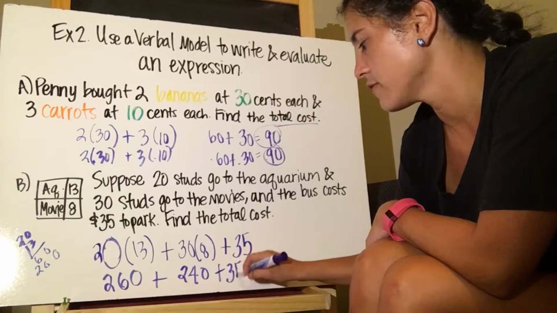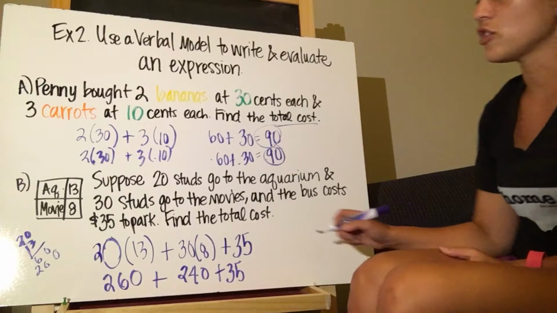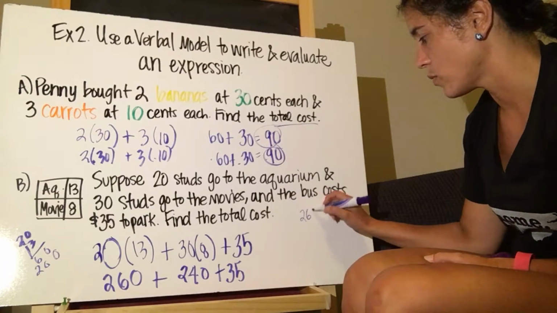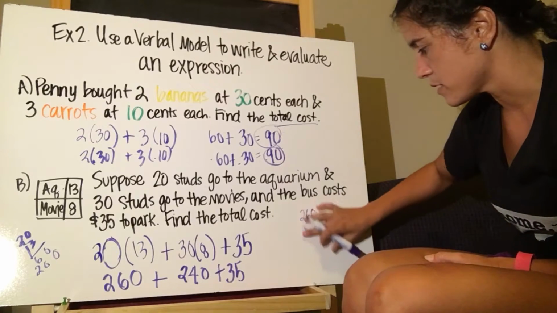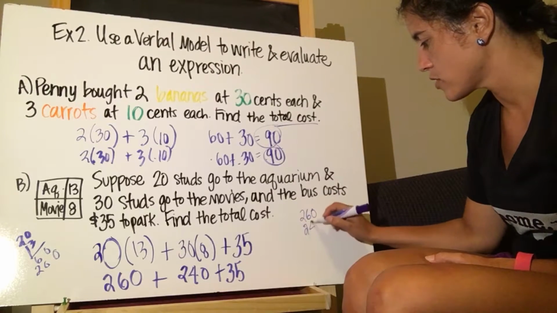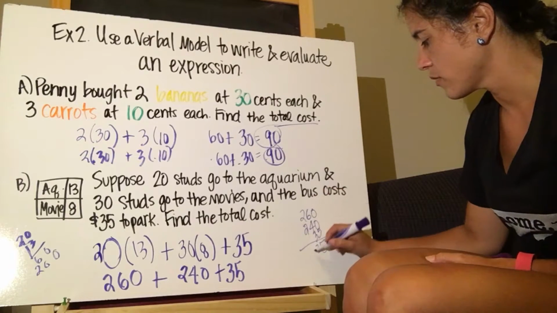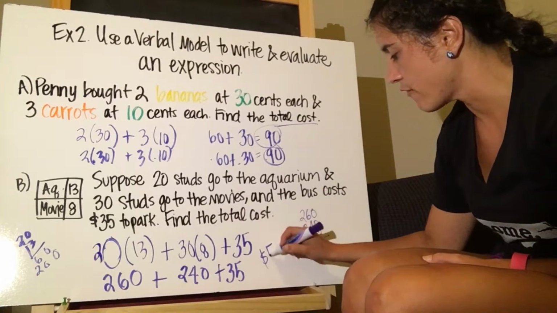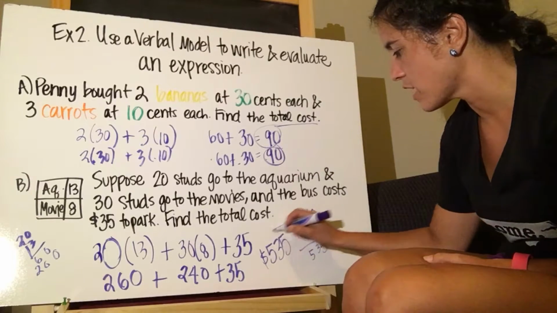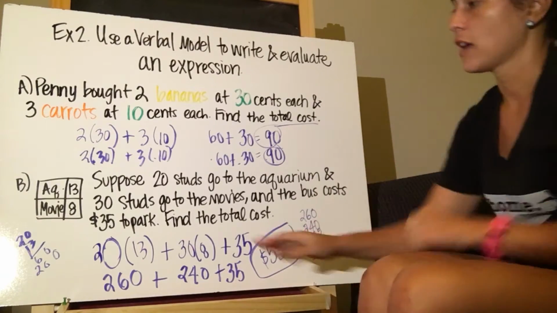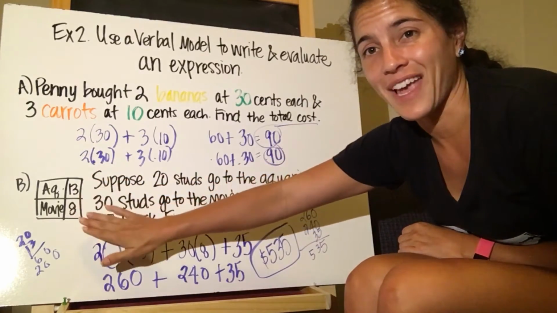Plus $35. And then you would add that up. You could use mental math, or you would come over here and you would write it. 260, 240, 35, 13, carry the 1. So it would be $535 for this group of students to go to the aquarium and go to the movies.